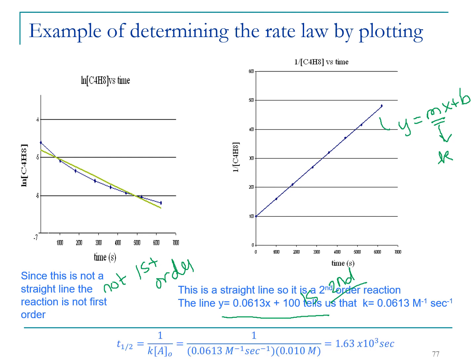And then finally, you can find t1/2 by using our second order rate law half-life, 1 over k[A]0. So our initial concentration was 0.010 and our k is 0.0613, and so this is our half-life, at least for the first interval.